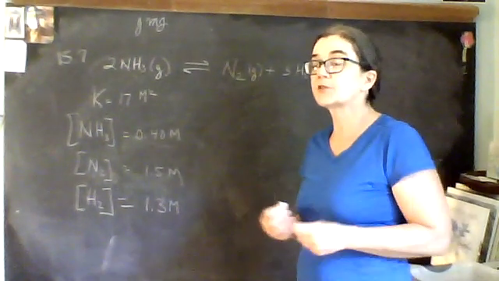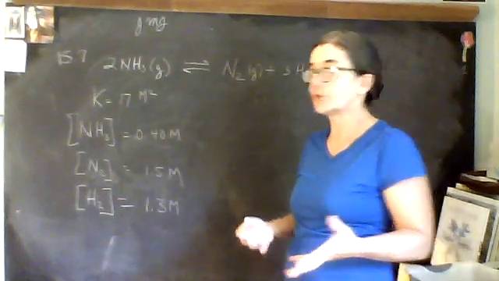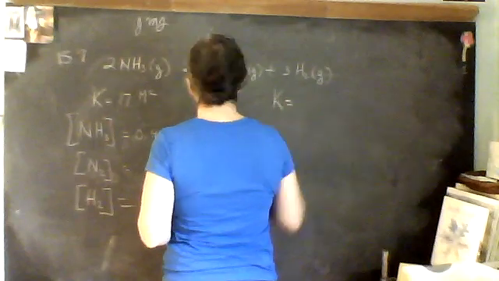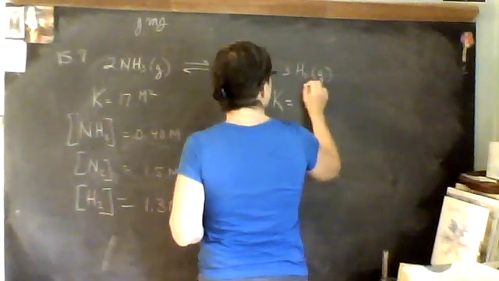How are we supposed to calculate K? What's equation 15.2? Capital letter K, the equilibrium constant. Yep.